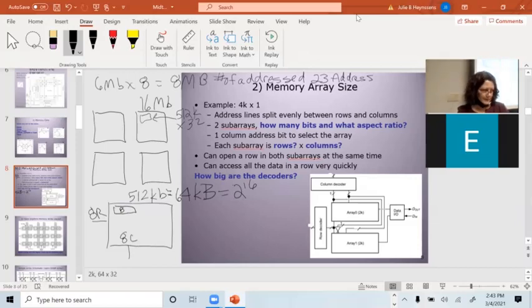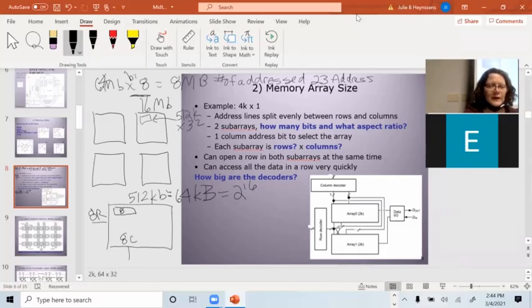So it's 64 megabits. And the times 8 is just the usual convention on the data sheets. By 8 means every time I address, it's got 64 megabits, but I get it out 8 bits at a time.